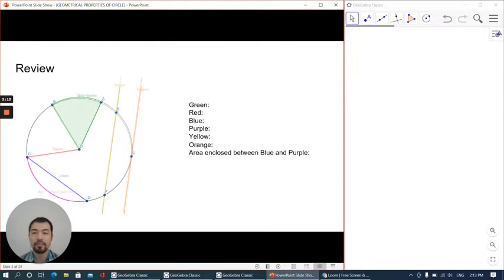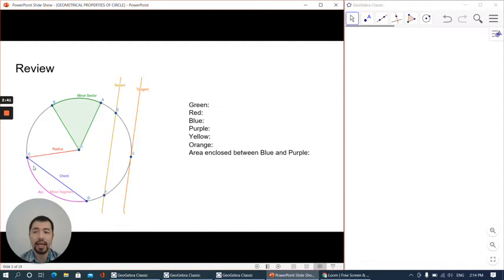All right, so the green one is the minor sector. The red one is the radius, the blue one is the chord, the purple one is called an arc, the yellow that cuts through the circle is called a secant, and the orange one is called a tangent. It only touches the circle at one point.